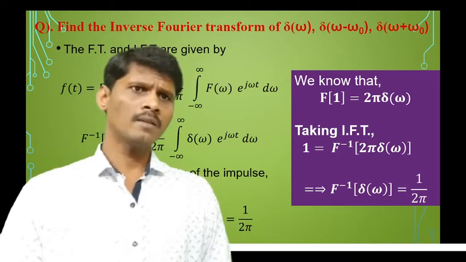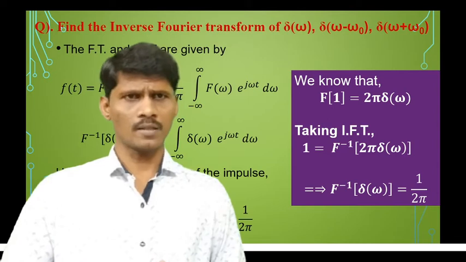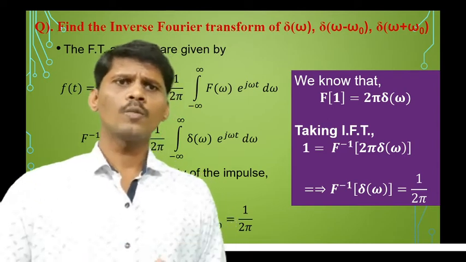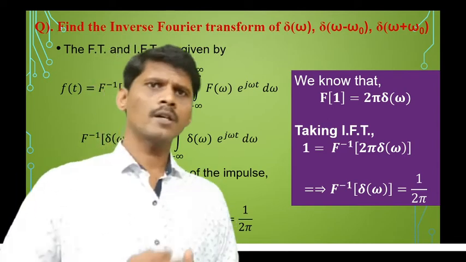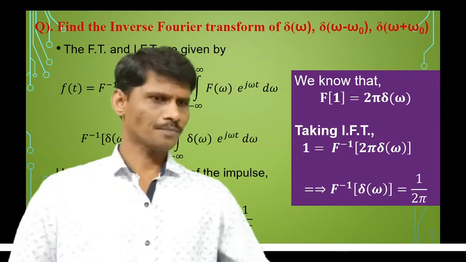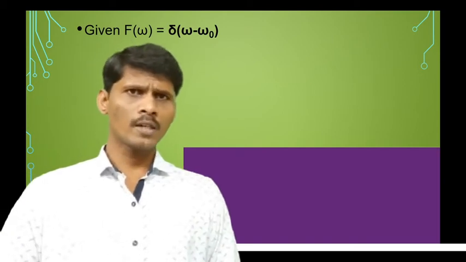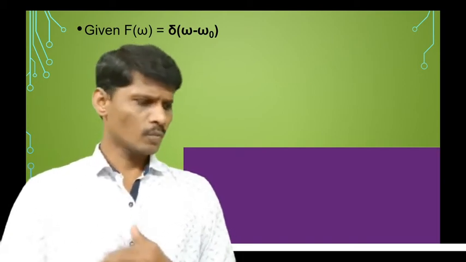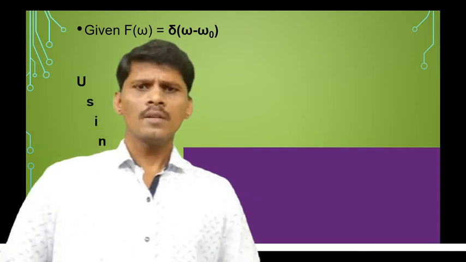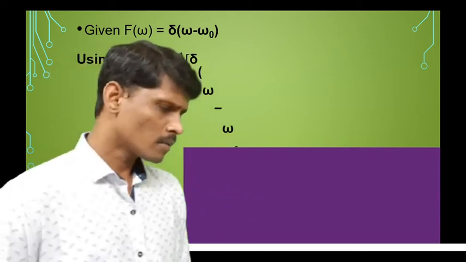Similarly, calculate the next one: δ(ω − ω0). Determine the inverse Fourier transform of δ(ω − ω0). What is the given signal? The given function F(ω) is δ(ω − ω0).